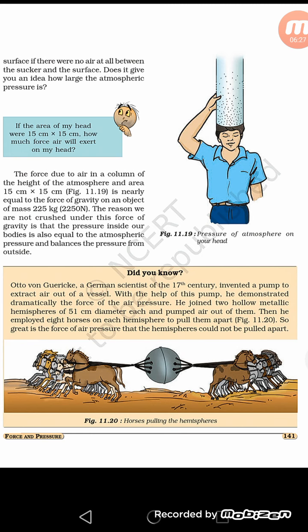It means he joined the two hemispheres to each other, and there was no air in between these two hemispheres. After this, he applied 8 forces on each side to pull these hemispheres apart from each other, but these 8 forces could not pull these hemispheres apart. So this activity proves the immense pressure exerted by the atmosphere.